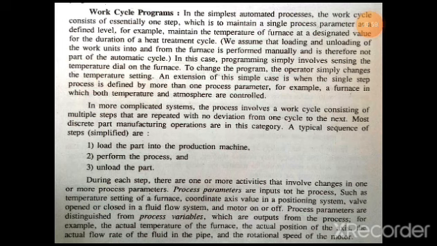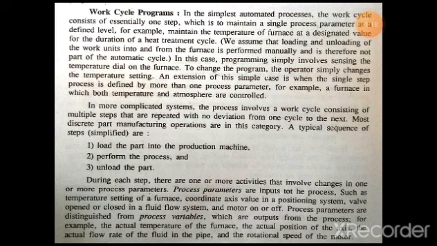This can be done easily by the operator by changing the dial indicator which is outside, so that the temperature can be controlled. But if there is more than one parameter, we want to control the temperature as well as the atmosphere.